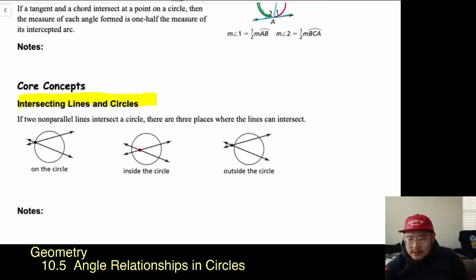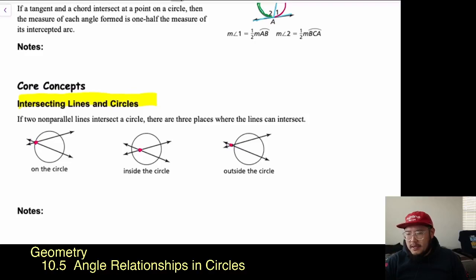They can be on the circle, which is the diagram to the left, and they could also be outside the circle. And we'll dive more into that in theorem 10.16.